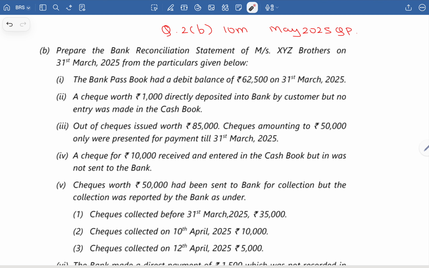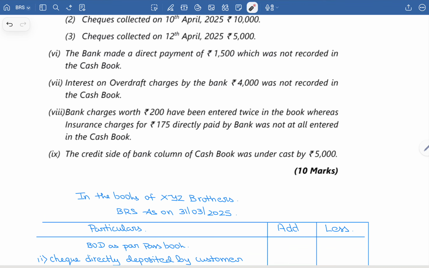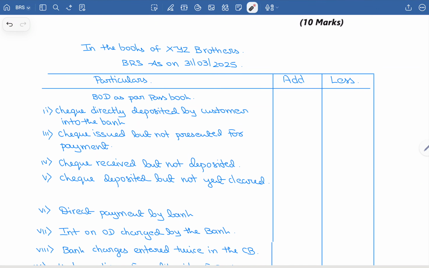Next, a check worth rupees 1000 directly deposited into bank by a customer, but no entry was made in the cash book. Before analyzing this, let us write the format. XYZ Brothers BRS as on 31st March 2025. So starting point, they have given us the bank overdraft as per passbook.